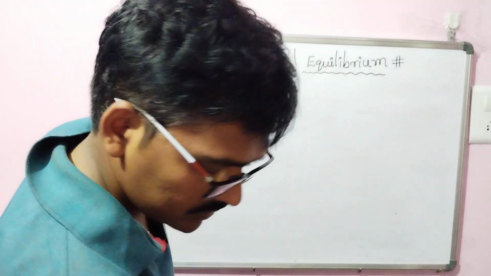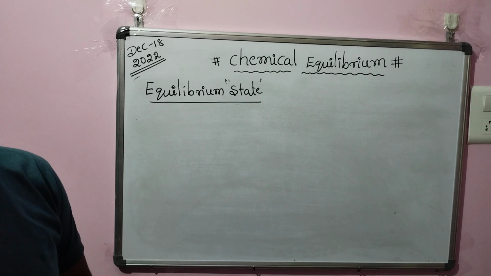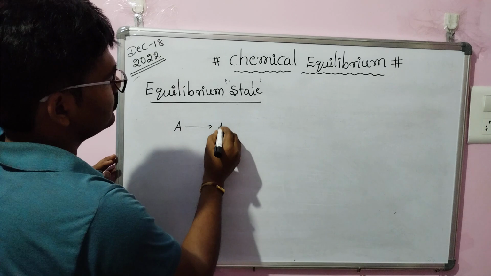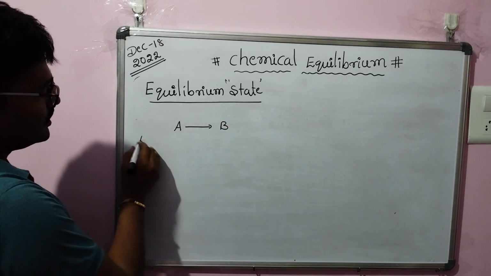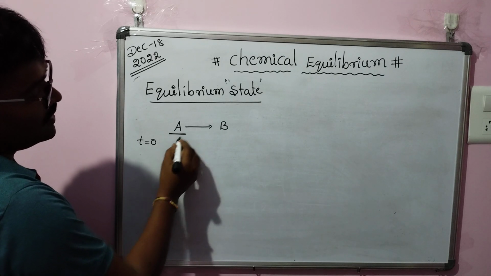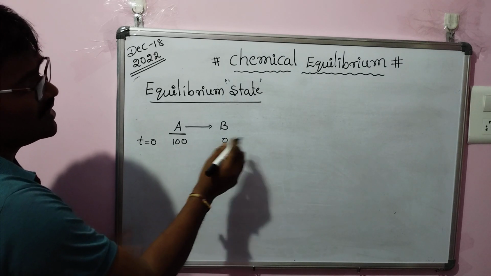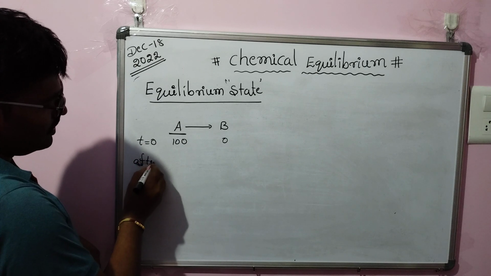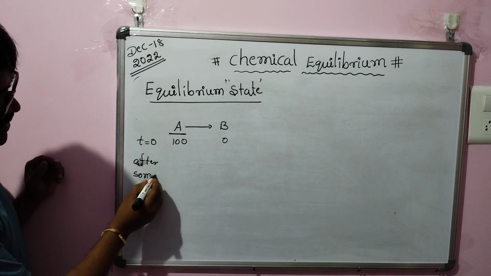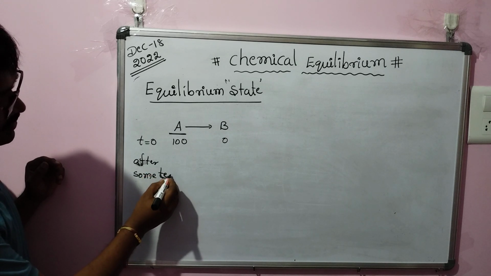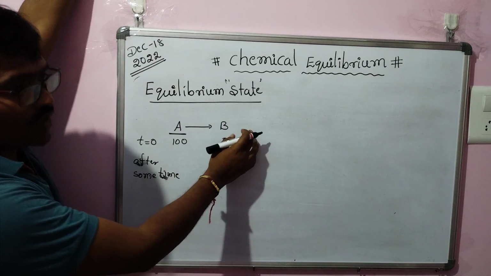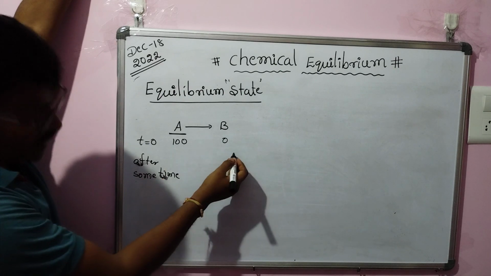At a particular stage, take one reaction: A can be converted into B. Assume at time t equals 0, there are 100 A particles and 0 B particles. After some time, some of the particles are converted into B particles, so product is formed.